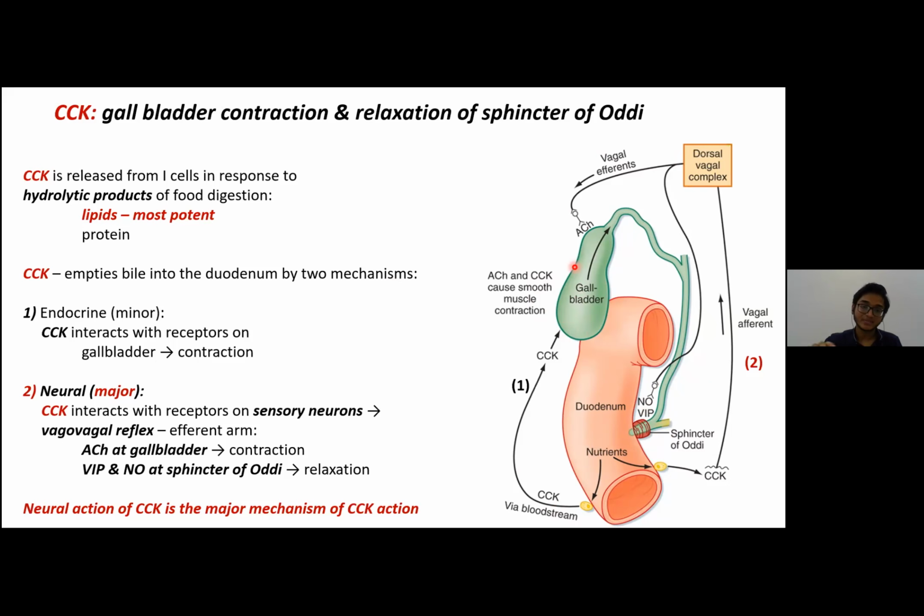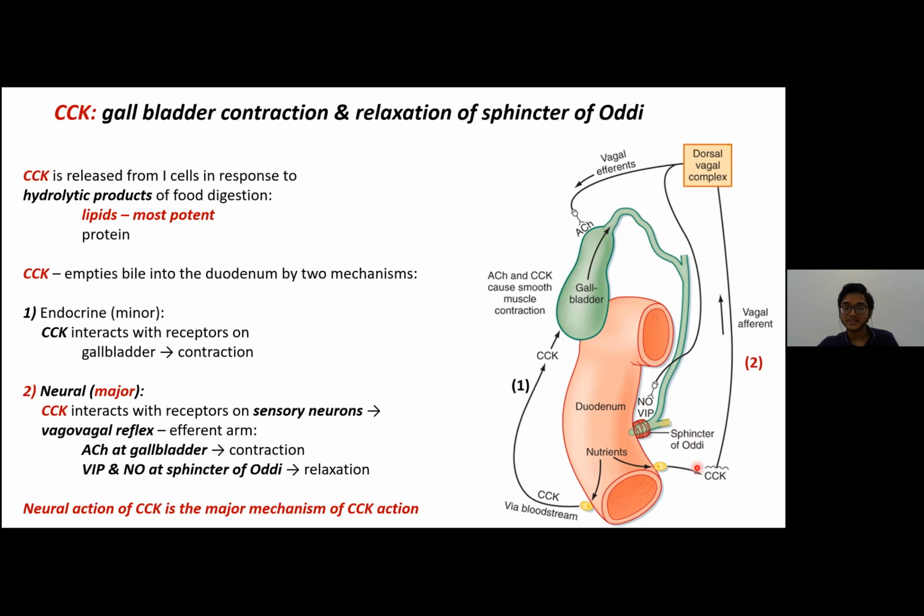Acetylcholine, again, acetylcholine. We can talk about intrinsic factor at the end, but this is important, so just concentrate here, okay? So again, acetylcholine causes contraction of the gallbladder. Nitric oxide and VIP cause relaxation of the sphincter.